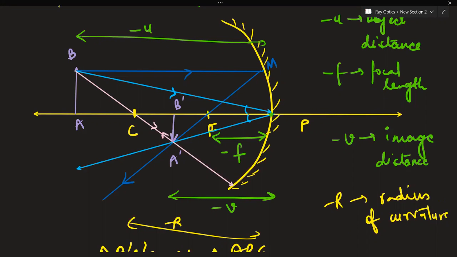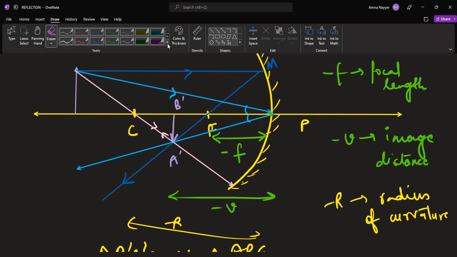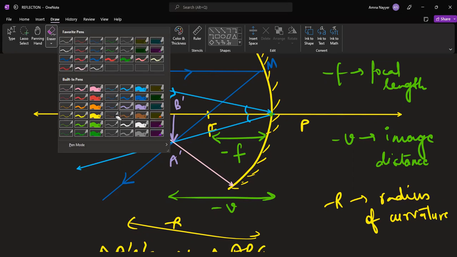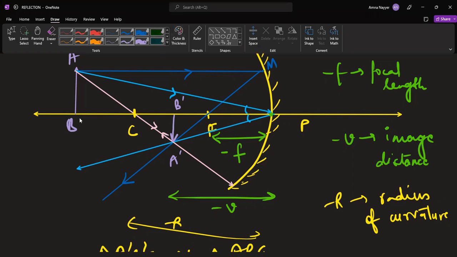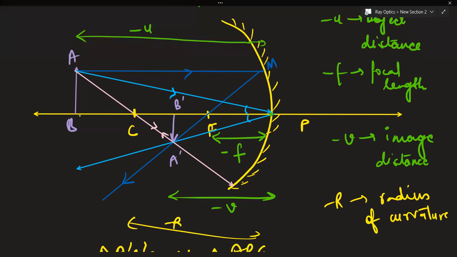I have written the object in reverse. This is the object. A dash is coming here. This is A. Now it's correct: A dash, B, B dash. Now it's the inverted image. Please make a correction whenever you write it. By mistake, I had drawn it inverted, B dash.